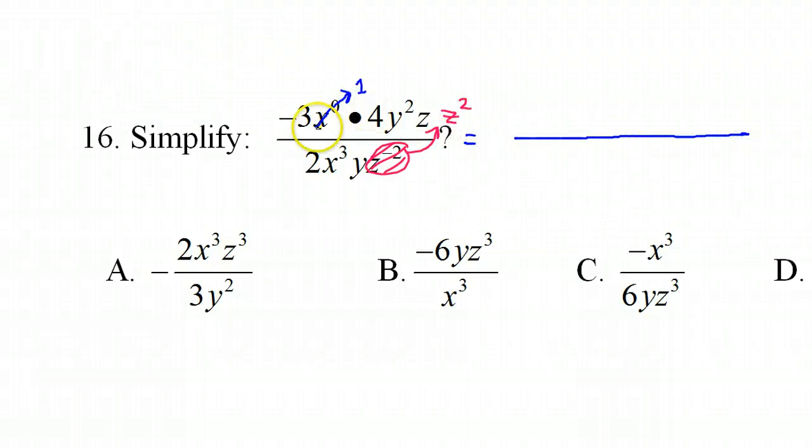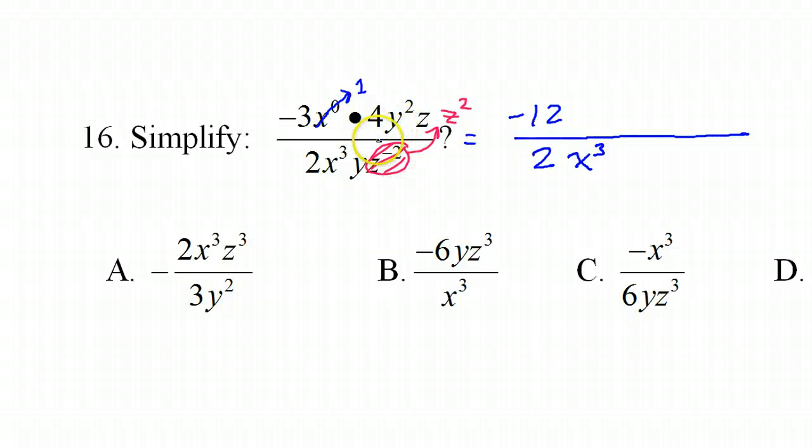Okay, so number wise, I've got 3 times negative 3 times 4, so that's negative 12 over 2. Okay, so that's the numbers. How about x's? That x is gone, so all I have is x to the 3rd power, so that's going to stick around.